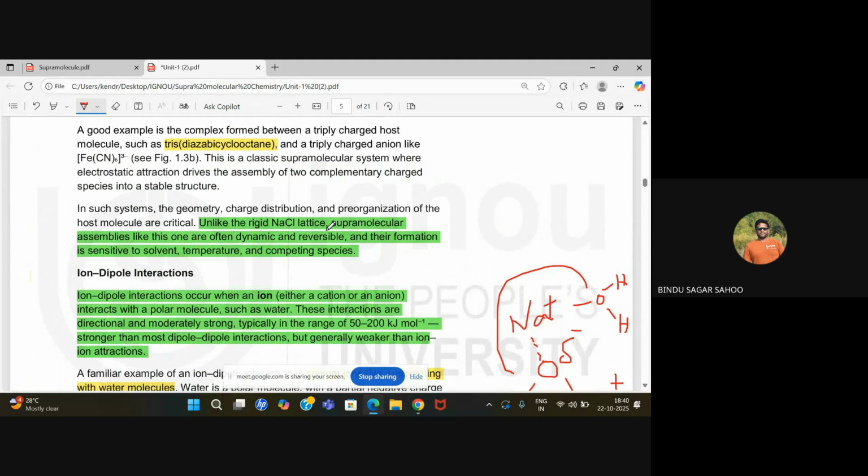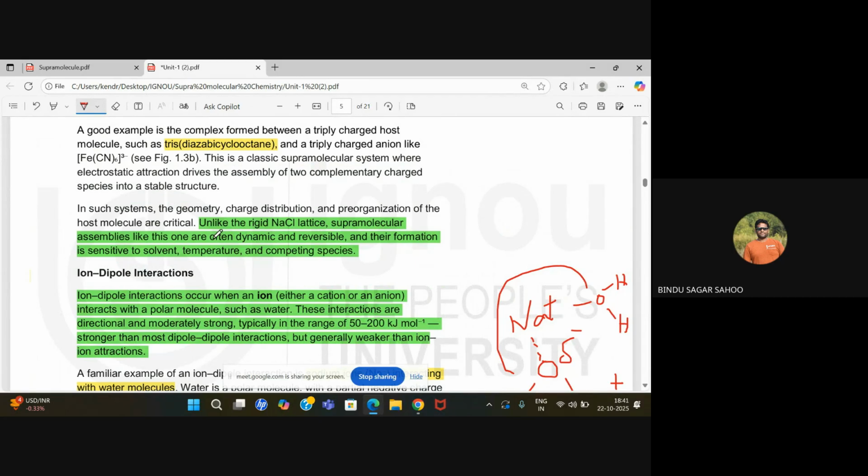Sometimes in a TBP geometry, the axial atoms move towards the equatorial, and the equatorial atoms move towards the axial. That means the positions are not static; they are dynamic, changing every time. Just like in supramolecular chemistry, some interactions exist at one point and at another point they don't. So if you supply more temperature or other conditions, these bonds can also dissociate.